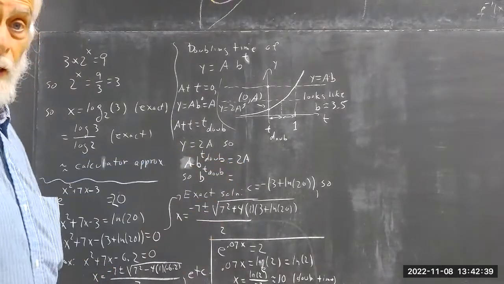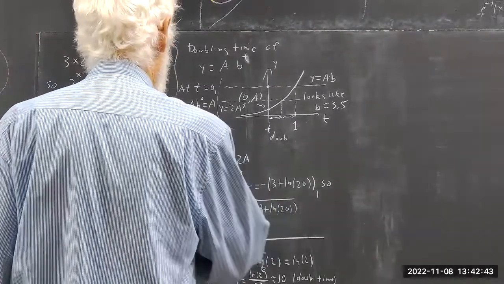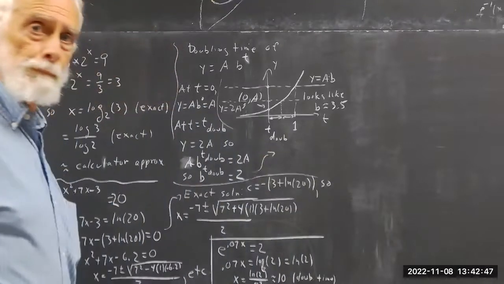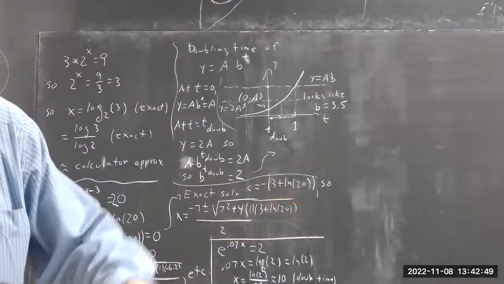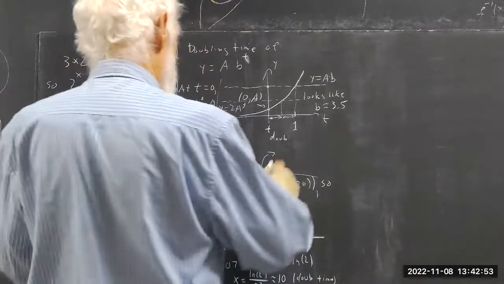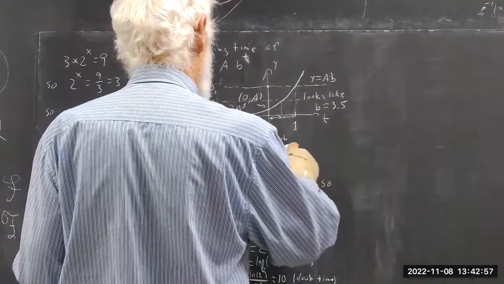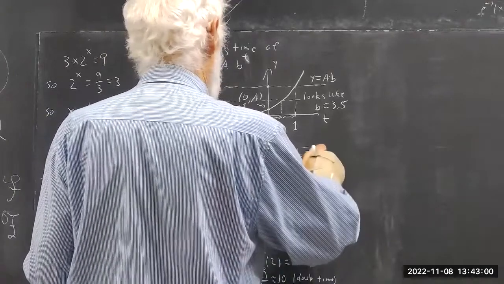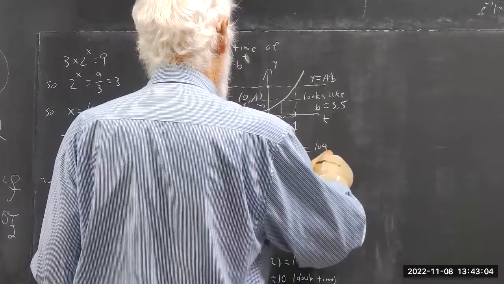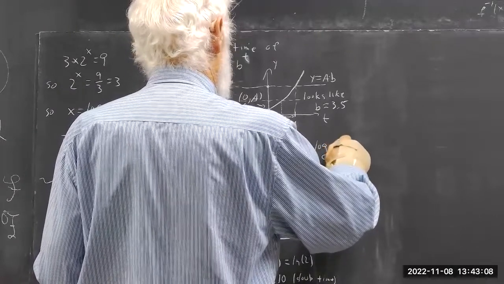Divide both sides by a, you get b to the t dub equals 2. You convert this to logarithmic form, and you get t dub equals log to the base b of 2.